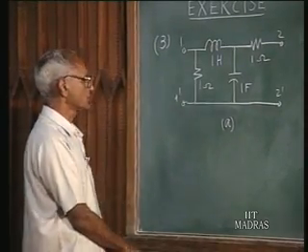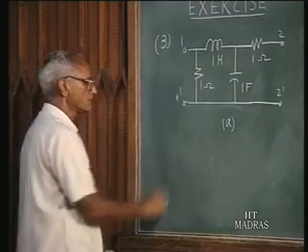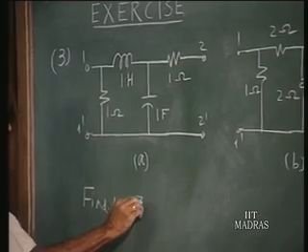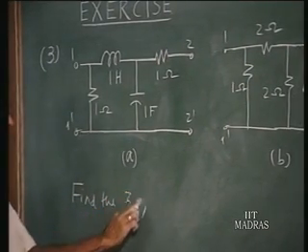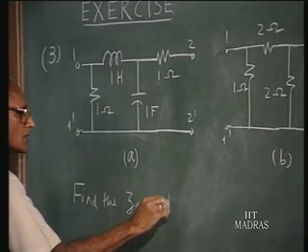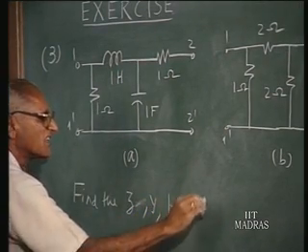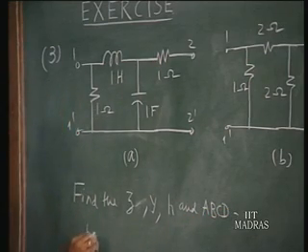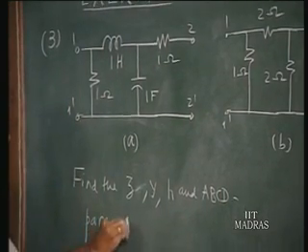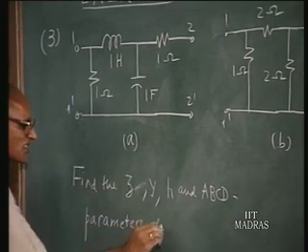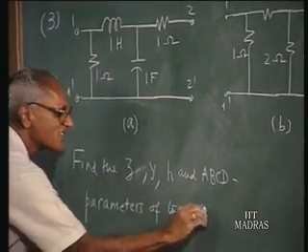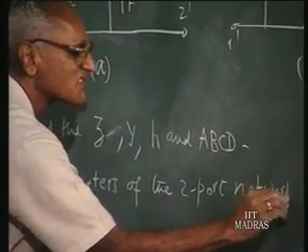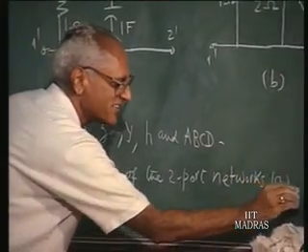Problem number 3, you have a 2-port network here, find the Z, Y, H and ABCD parameters of the 2-port networks A and B. There are two 2-port networks.